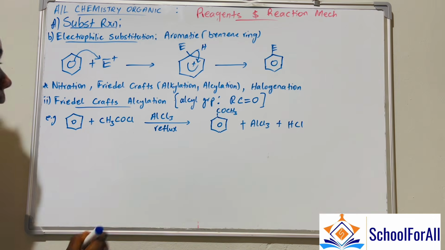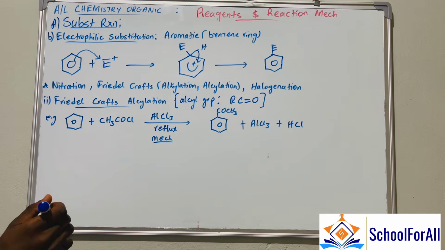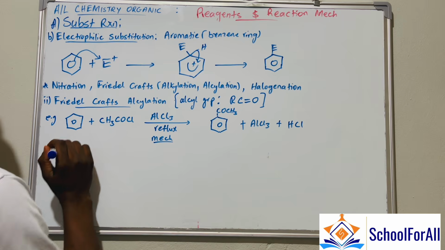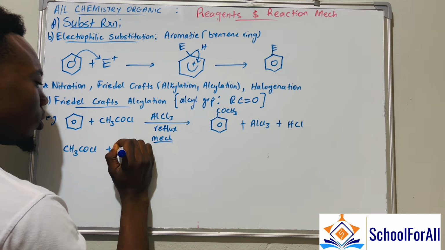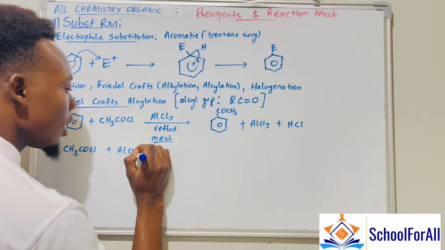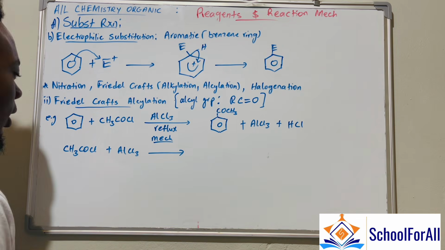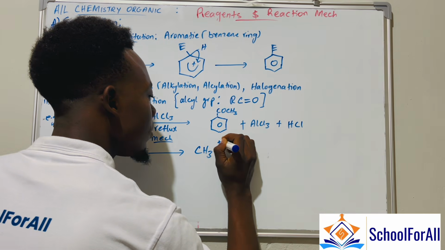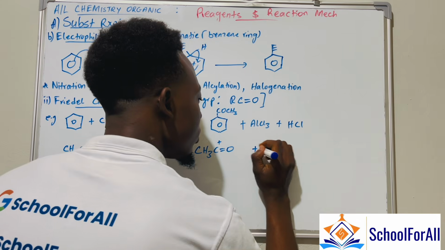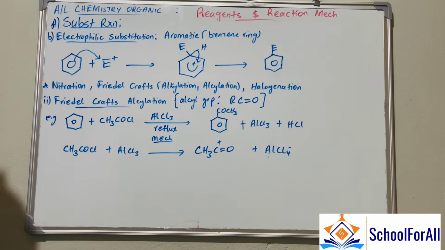Now the mechanism, just like in nitration: I will first of all form my electrophile. I will have this compound face my Lewis acid. The Lewis acid will accept this Cl, releasing my electrophile plus AlCl4 minus. Now this electrophile will attack my benzene ring.